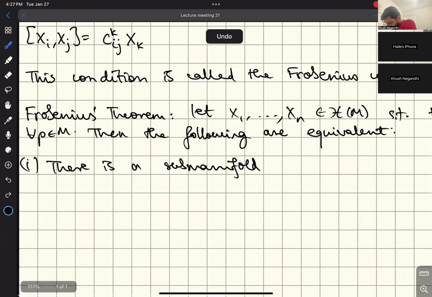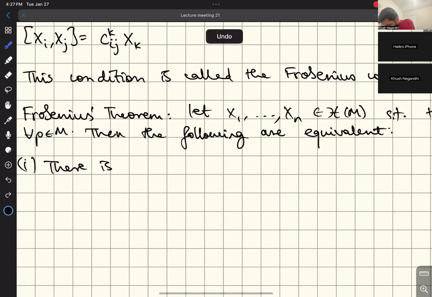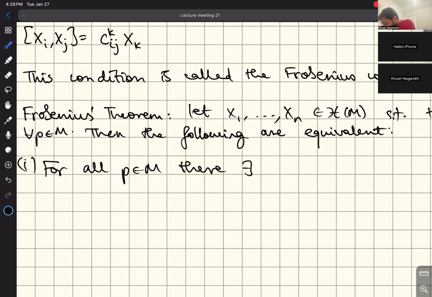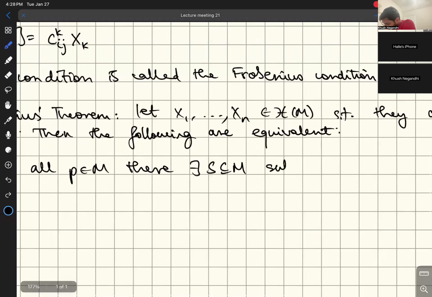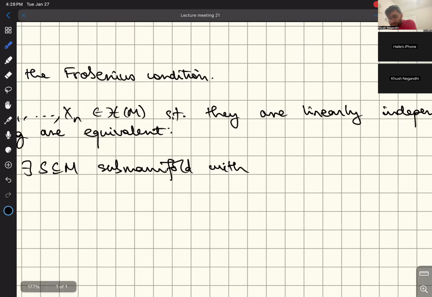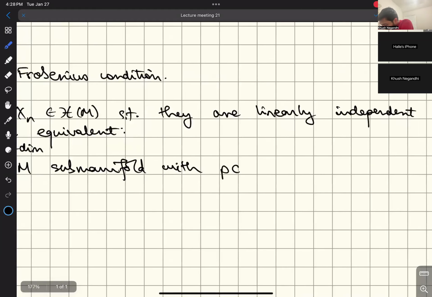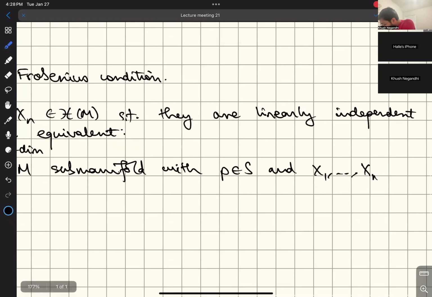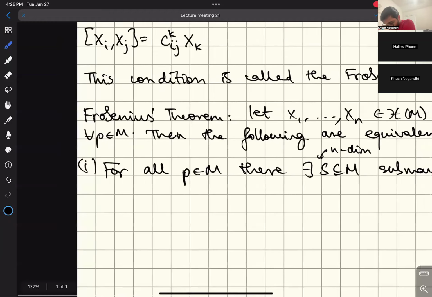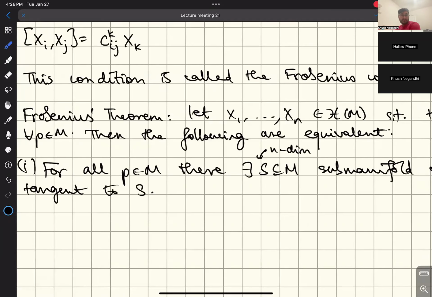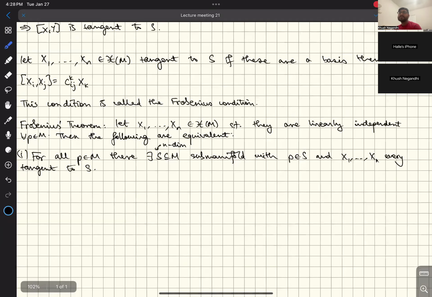Wait, sorry. I have it wrong in my notes, by the way. For all P in M, there exists a submanifold S with P in S, and I guess this has to be n-dimensional, with x1 up to xn everywhere tangent to S. And moreover, since they're everywhere tangent, they also form a basis.